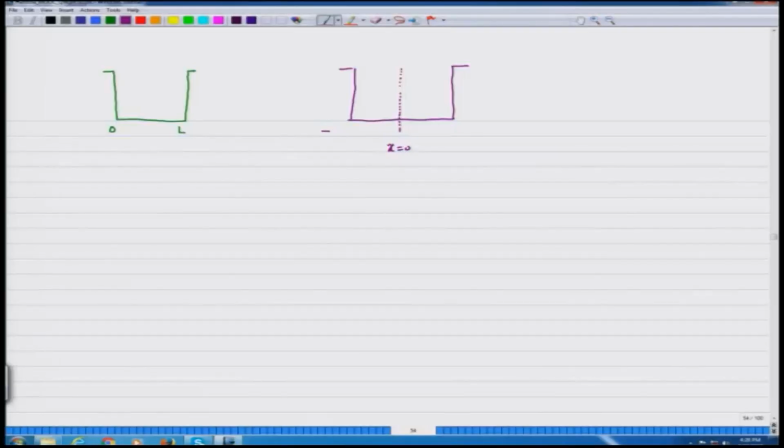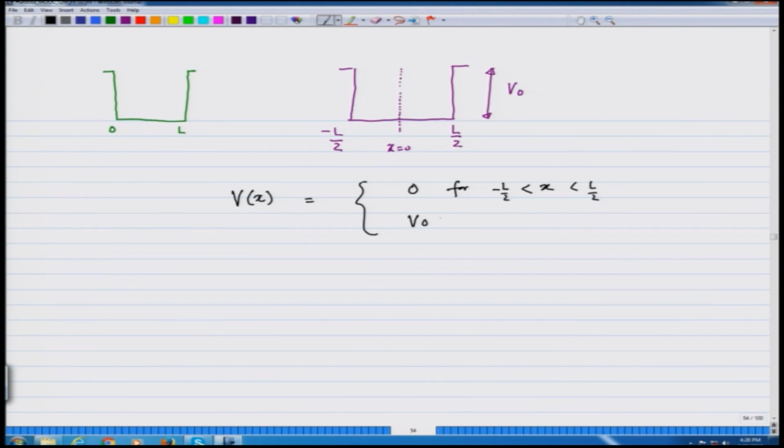So, the box extends from minus L by 2 to L by 2 and the height outside this region is V 0. So, let me put this in mathematical form. V x equals 0 for x between minus L by 2 to L by 2 and V 0 for mod x greater than L by 2, and in between there is a boundary.